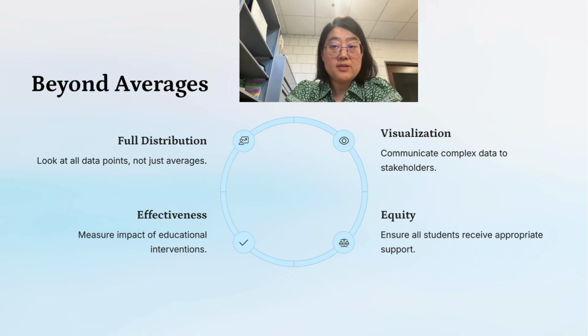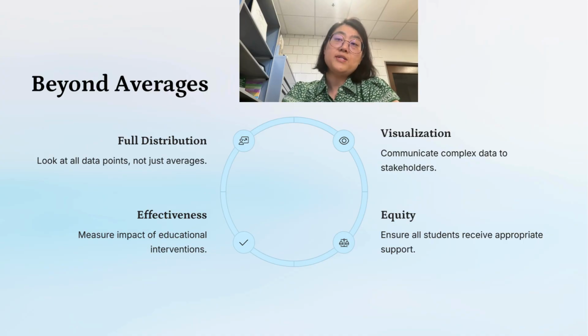Whether you're analyzing school improvement plans, evaluating an after-school program, or studying disparities in student discipline, descriptive statistics like medians, ranges, quartiles, and box plots give us tools to summarize and compare without oversimplifying. These tools help us make sure we don't just focus on averages, but look at the full distribution of experiences.